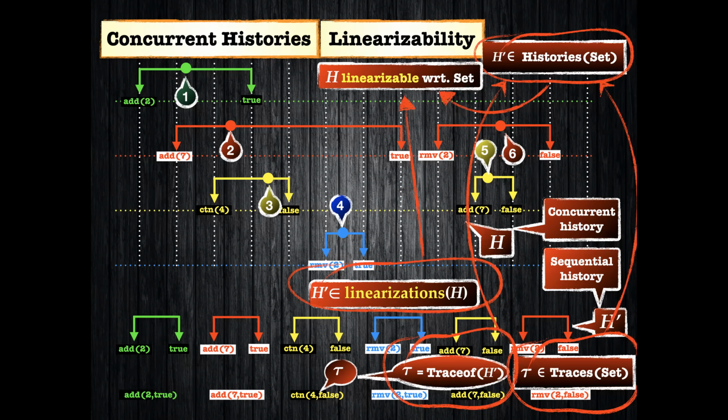So again, if you give me a concurrent history, and I can find a linearization of the history that belongs to the set of histories of the abstract data type, then I say that H, the concurrent history, is linearizable with respect to the abstract data type. So linearizability is extensionally defined in the sense that you need to find only one sequential history which satisfies the abstract data type.